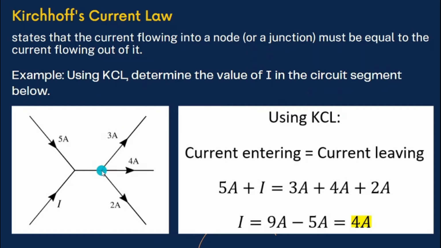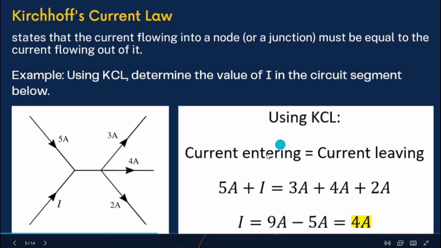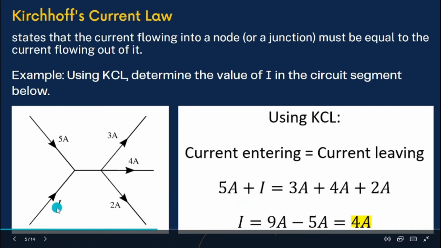Flowing out of the node, the currents that are flowing out of the node, we have the 3 amperes, the 4 amperes, and the 2 amperes. Current flowing into the node, we have 5 amperes and this unknown value, I. Sabi dito, using KCL, current entering the node is equal to current leaving the node. Okay, so 5 amperes plus I must be equal to 3 amperes plus 4 amperes plus 2 amperes.